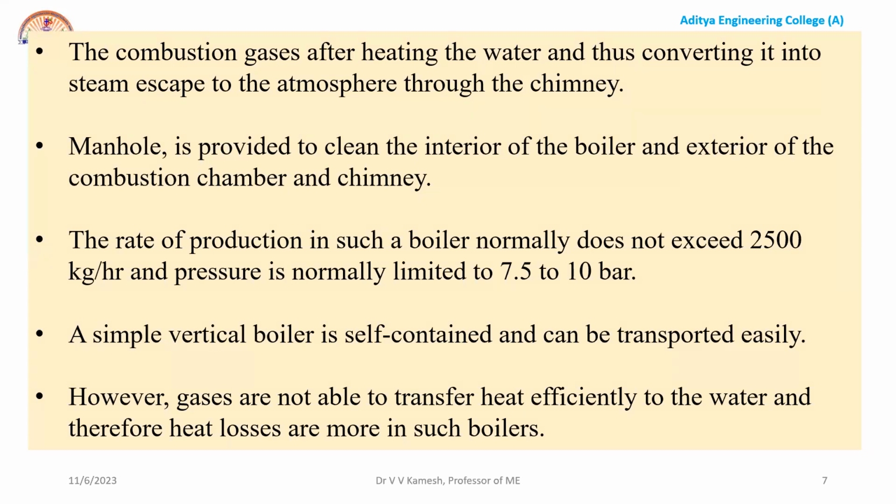The combustion gases, after heating the water and converting it into steam, escape to the atmosphere, as we discussed earlier. The rate of steam production in a vertical boiler doesn't exceed 2,500 kg per hour, and pressure is normally limited to 7.5 to 10 bar. That means low pressure. Okay.